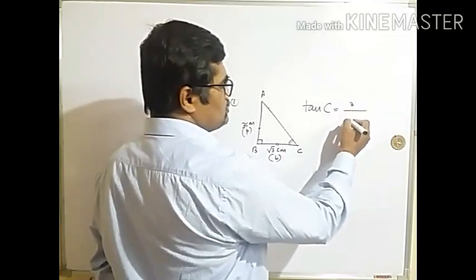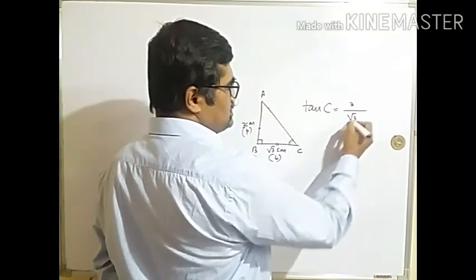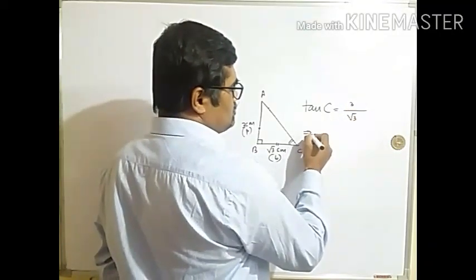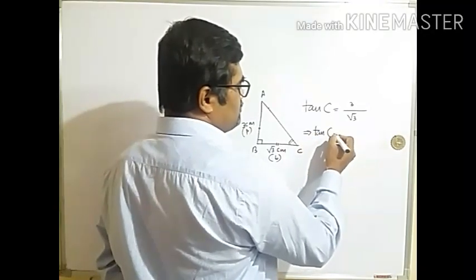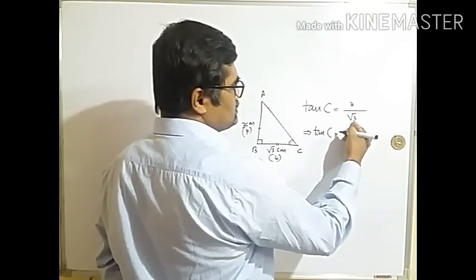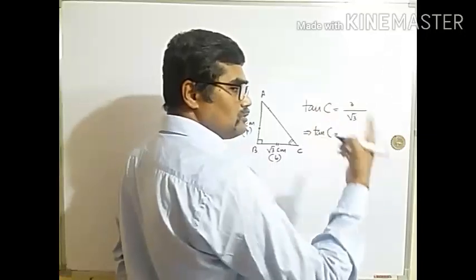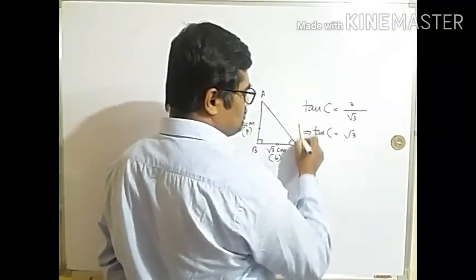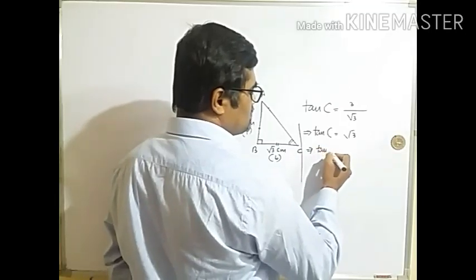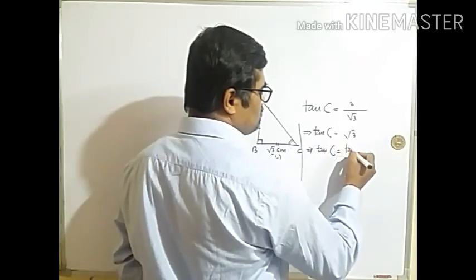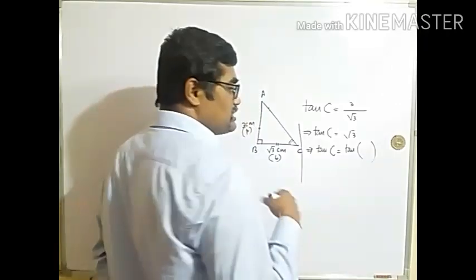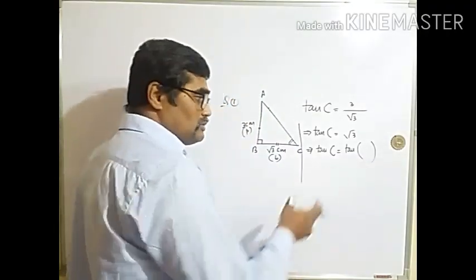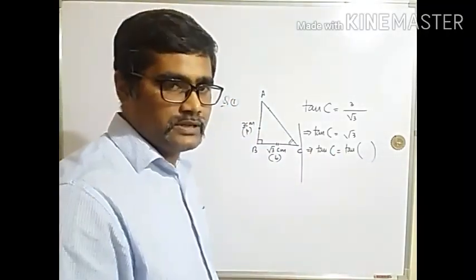P means root 3, B is root 3. Now recall that if you simplify, this will cancel, or you can go for rationalization, and it will be root 3. Again from the table try to remember which angle's value with reference to tan is root 3.